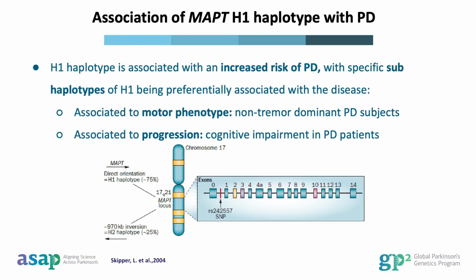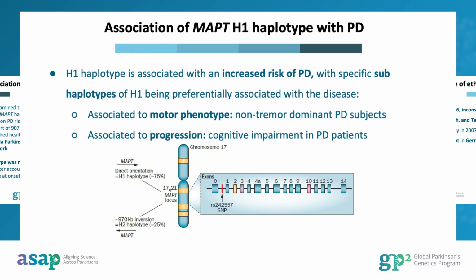The H1 haplotype of MAPT, specifically some subhaplotypes of H1, have been associated with the risk of Parkinson's disease. In addition to the disease risk, the H1 haplotype has been linked to specific motor phenotypes, for example, a dominant non-tremor phenotype, as well as with patterns of progression, such as cognitive decline in individuals with Parkinson's.